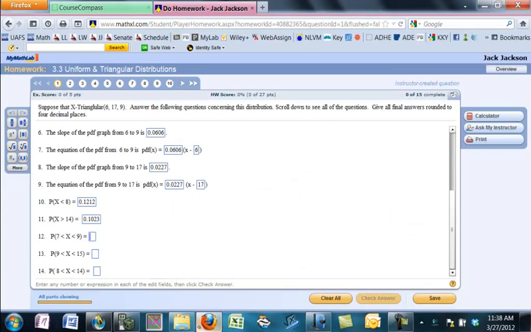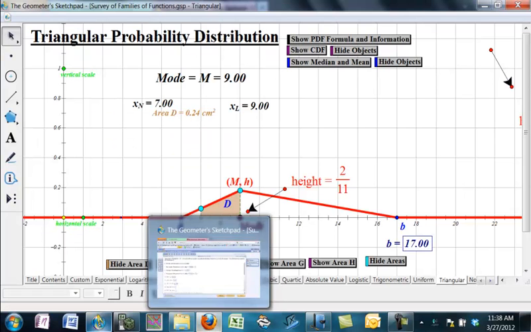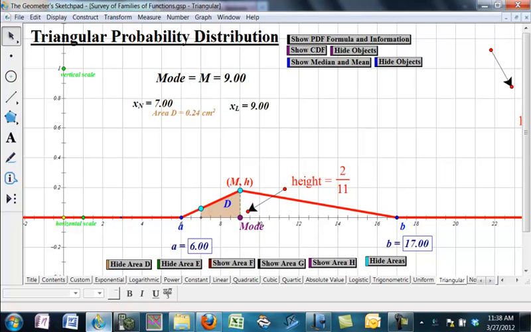Alright, now how about between 9 and 15? Okay, 9 and 15. That's an area over here. 9 is here. 15 is here.